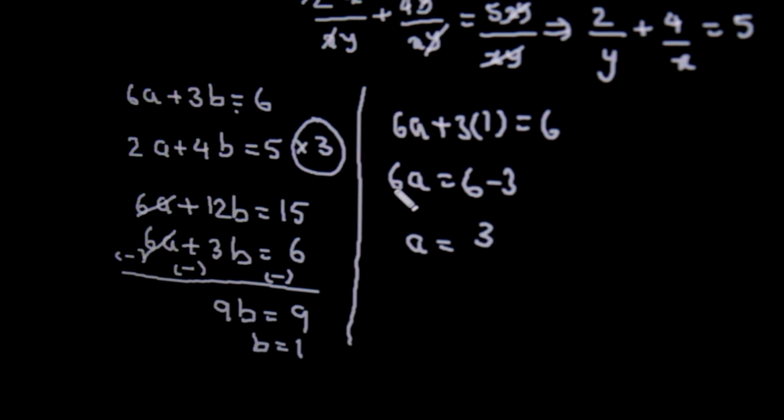This 6a means 6 into a. Into 6 becomes divided by 6. 3 ones, 3 twos. a is equal to 1 by 2.